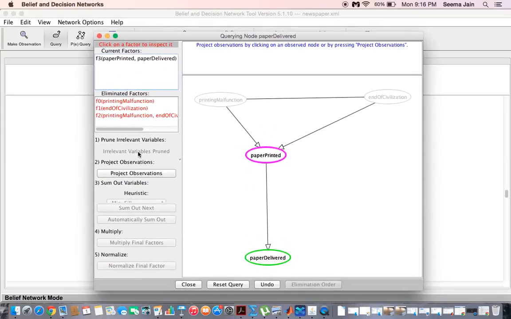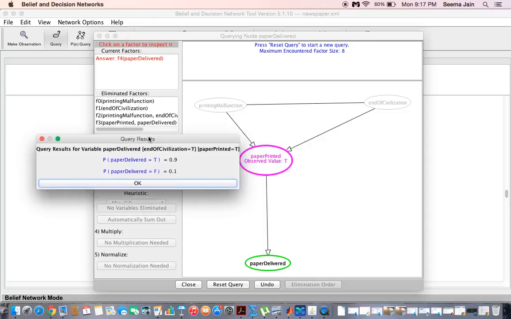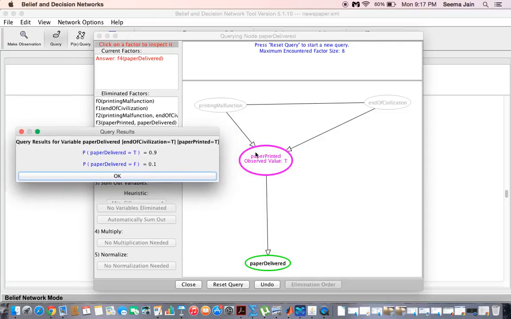So I just pruned that, and I still get the same subnetwork as in the previous case. So I should get the same probabilities. Basically, if my paper printed is true, then no matter what I do to these variables, I still get the same probabilities for my paper being delivered.